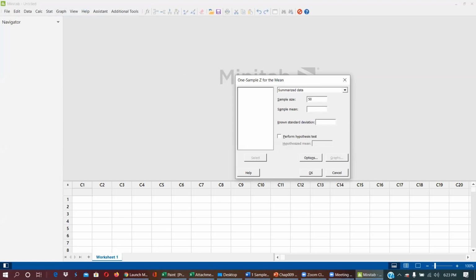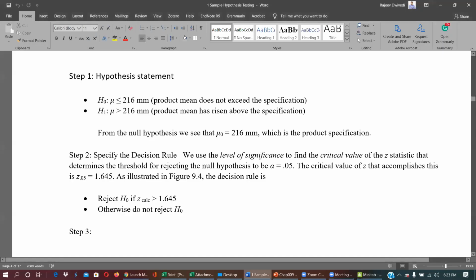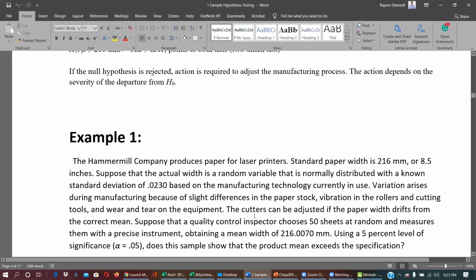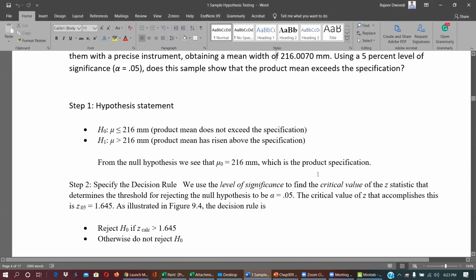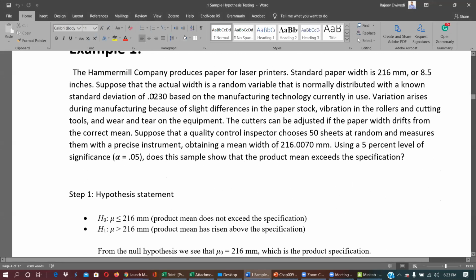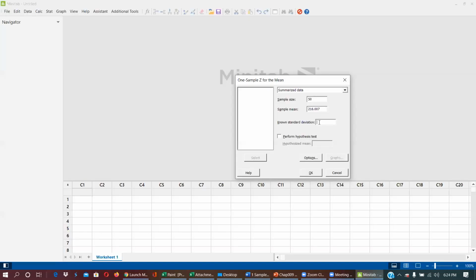Sample mean is 216.007, if I am correct. Yeah, 216.007. What is the standard deviation? 0.023. This is the standard deviation. Perform hypothesis testing.